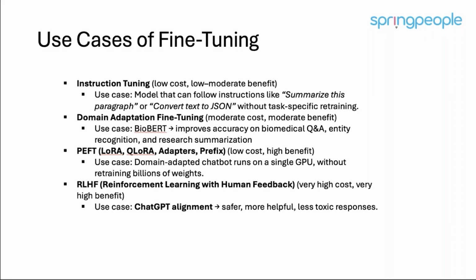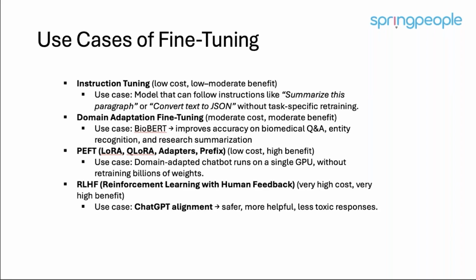Then there is PEFT, parameter efficient fine-tuning. Now this is a very classic case of domain adapted chatbots running on a single loop without retraining billions of weights. What it does is pretty much domain adaptation. It is doing a domain fine-tuning, but with very low cost and high benefit.